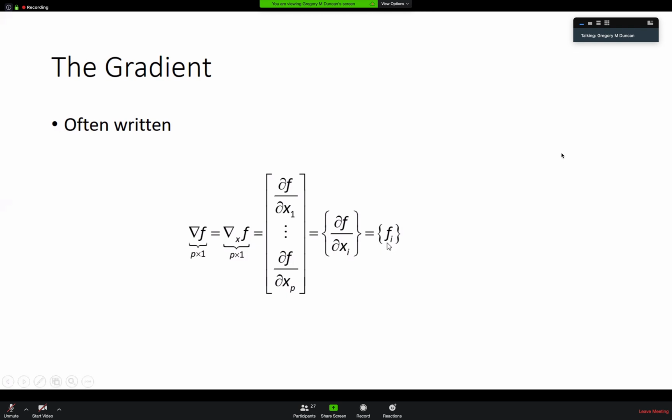And sometimes they write partials as f sub i. I won't do that because we're primarily using subscripts in this class to indicate observations. It won't always be the case, but it will be mostly the case.